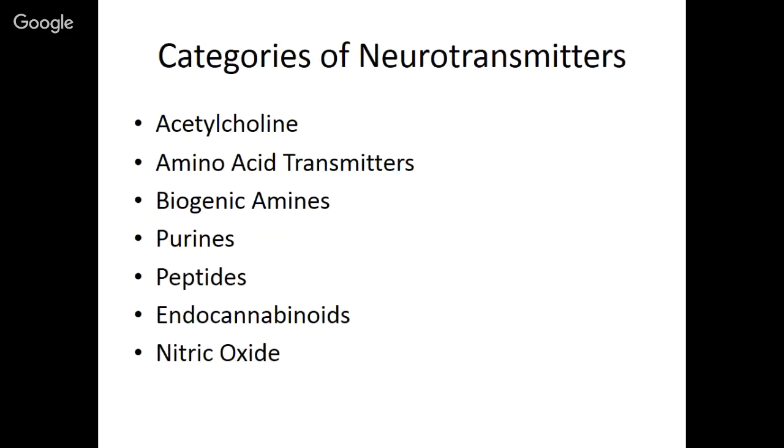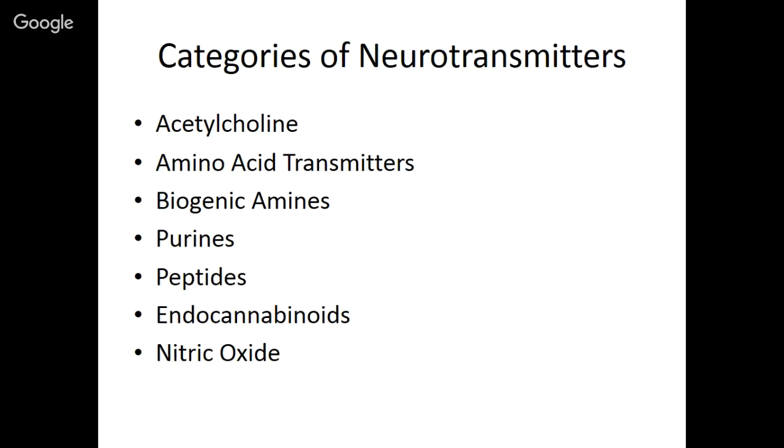Categories of neurotransmitters, these are the basic categories. Acetylcholine is a big one. It is, I guess, the second most common neurotransmitter after GABA. And then there are what are called amino acid transmitters: glycine, and GABA is an amino acid transmitter. There are others.